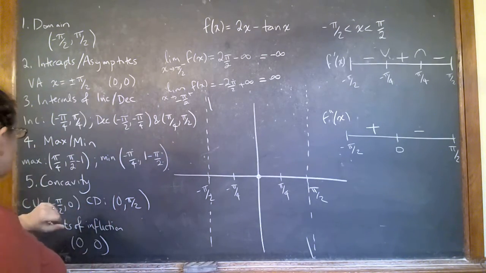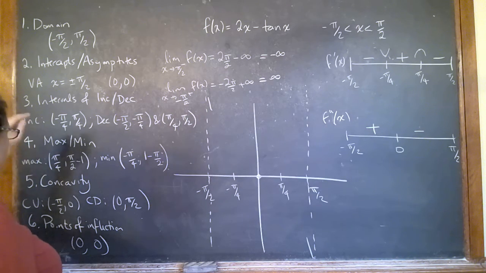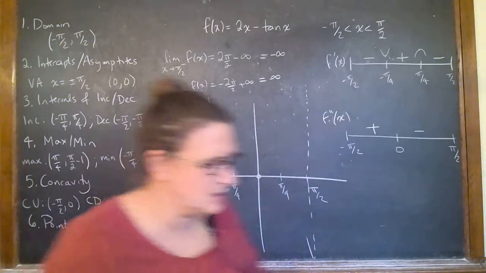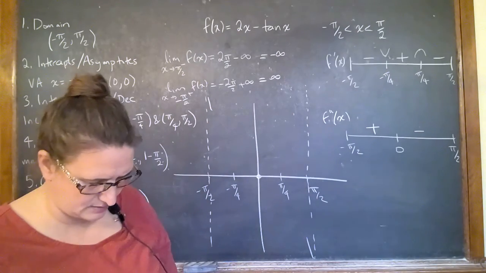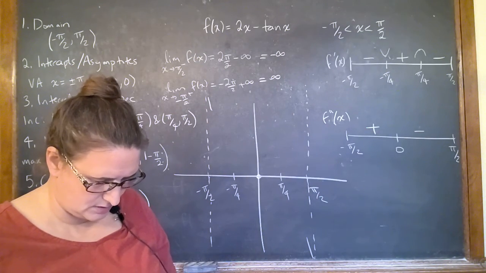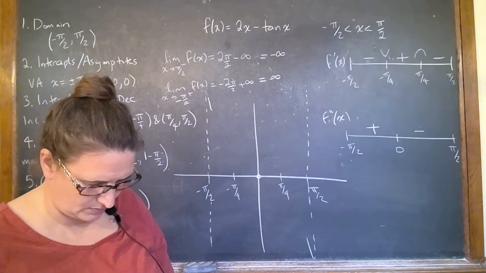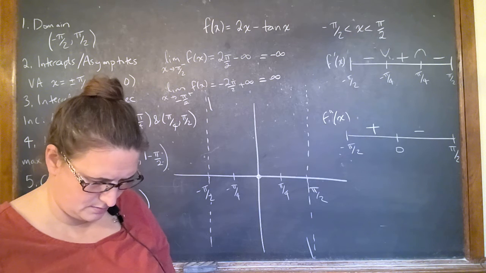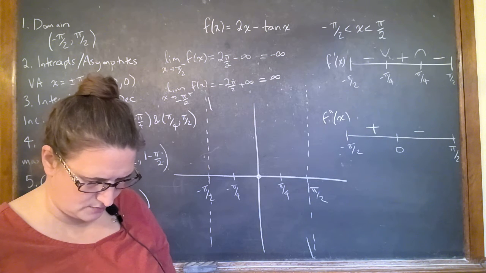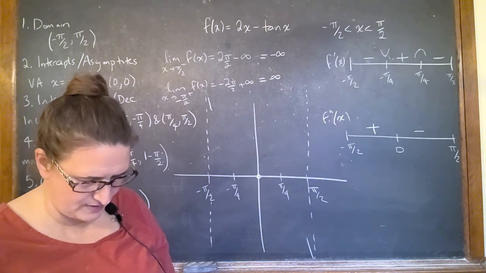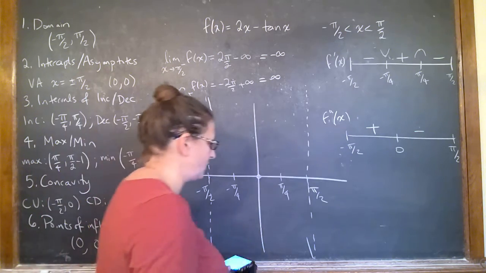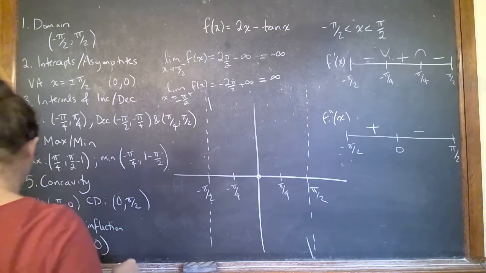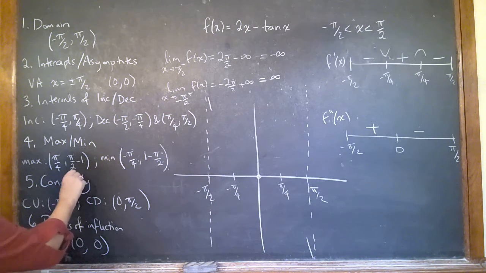Now let's put in our numbers. Pi over 2 is 1.57, right? I thought it was 1.7, it's 1.57. So pi over 2 minus 1 is going to be like 0.57.